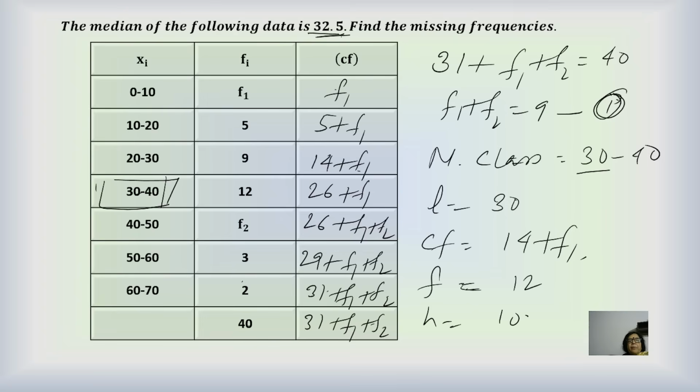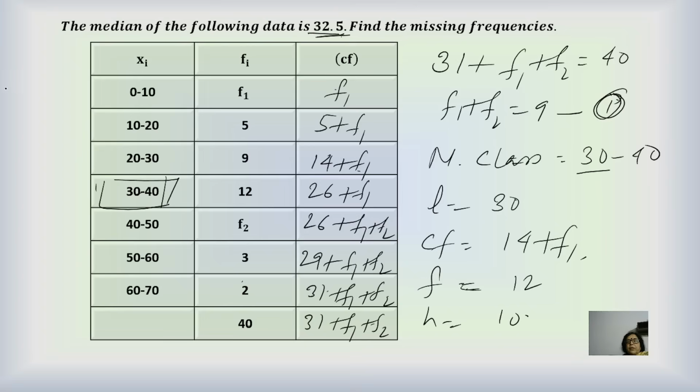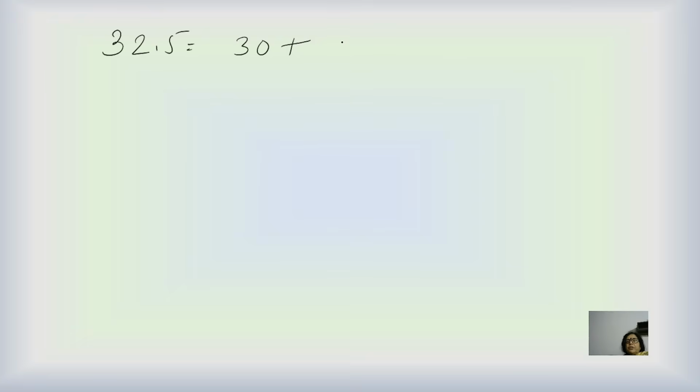So now we get back and put the values over here. So in the formula, 32.5 is equal to 30 plus, now the value of n by 2 will be 20.